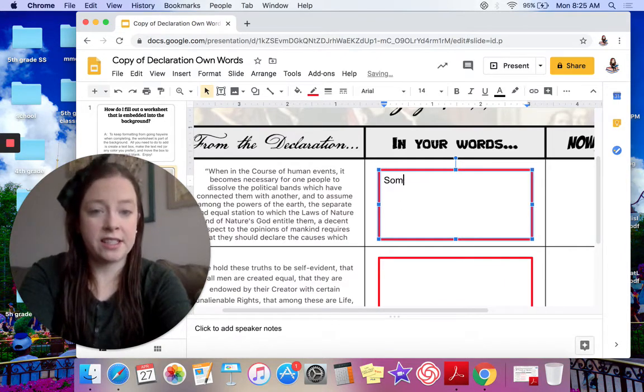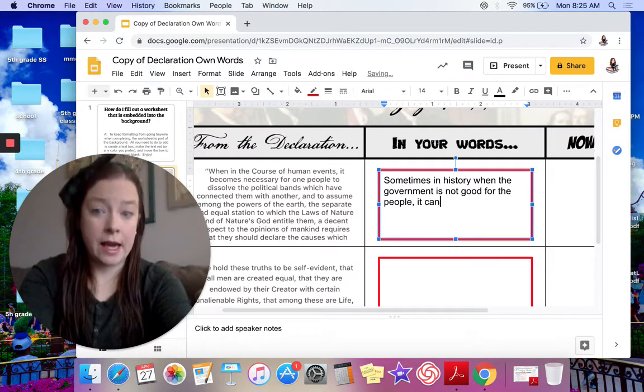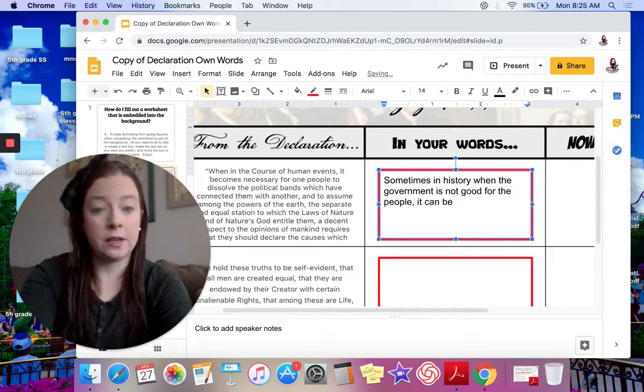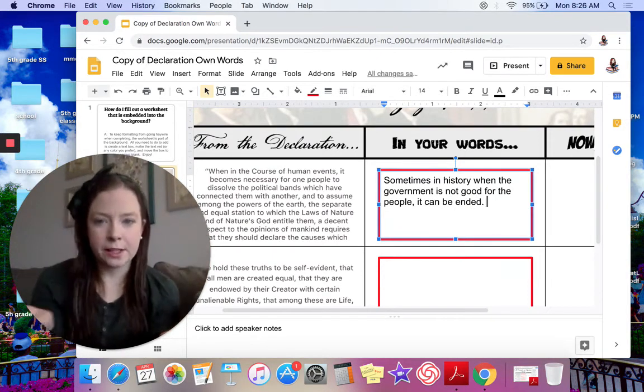I'm going to say sometimes in history, when the government is not good for the people, it can be ended, let's say. Is that what it's about? Yeah, that's what it's saying, okay?